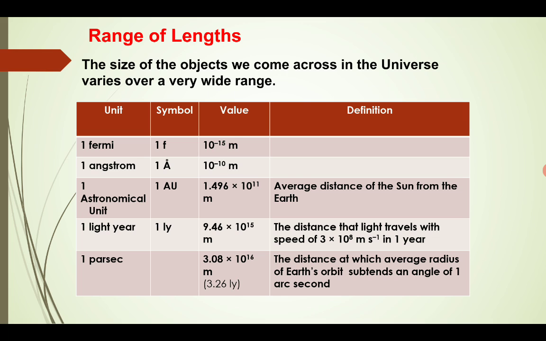So this is the distance traveled by light with this speed, and it takes 1 year. So this light year is basically the unit of length, not the unit of time.